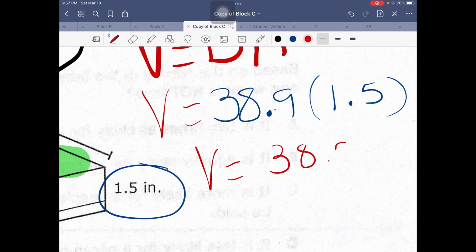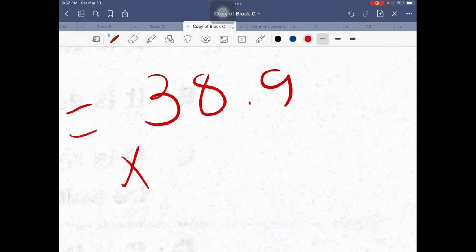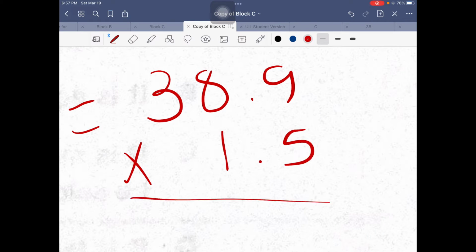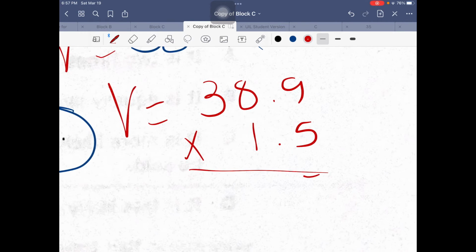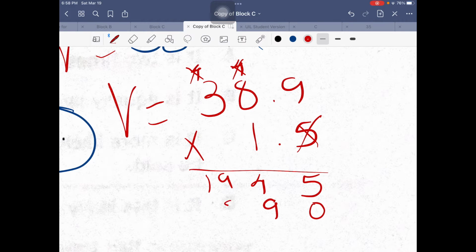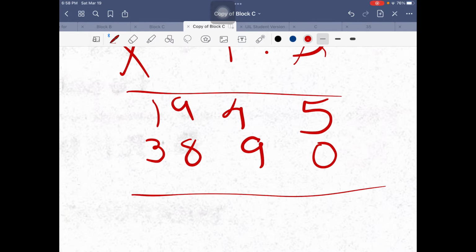So 38.9 times 1.5. 9 times 5 is 45. 8 times 5 plus 4, 44. 3 times 5, 15. Plus 4, 19. We're done with 5. 1x means 1, 0. What's 9 times 1? 9. 8 times 1, 8. And 3 times 1, 3. 5 plus 0, 5. 4 plus 9, 13.